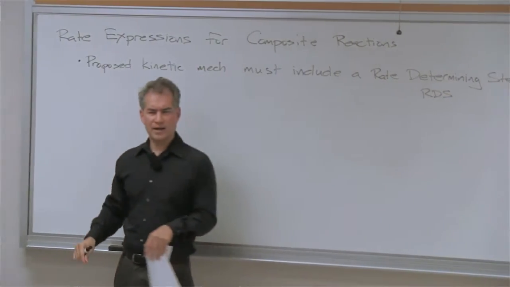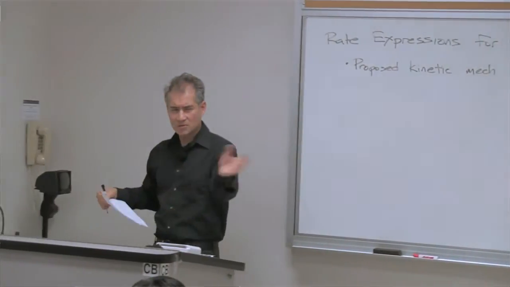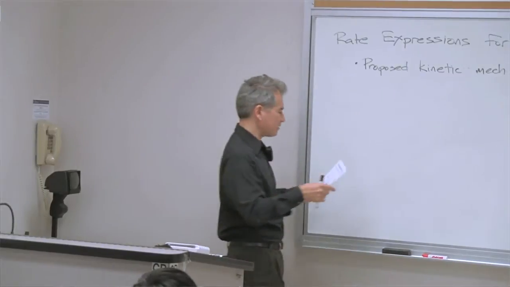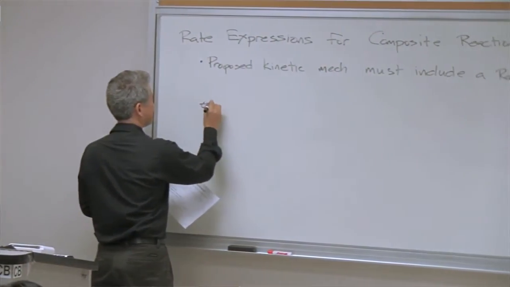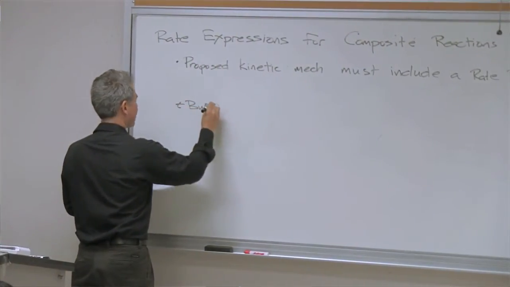And from now on, I'm just going to write RDS. So if you don't do that, if you don't hypothesize which of these steps you think is the slow step, then you haven't really drawn out a kinetic mechanism.